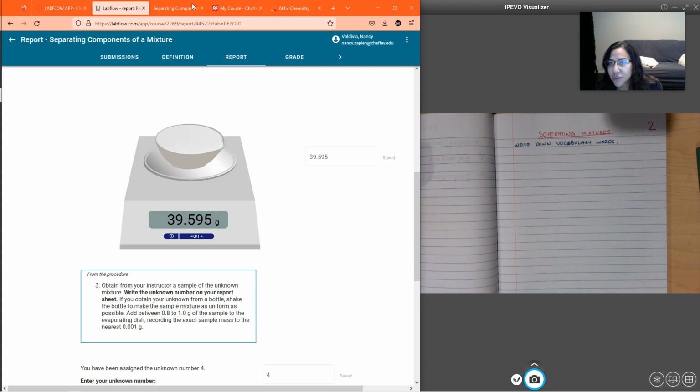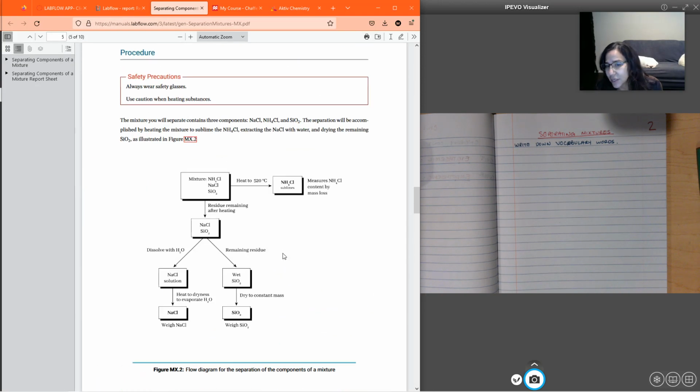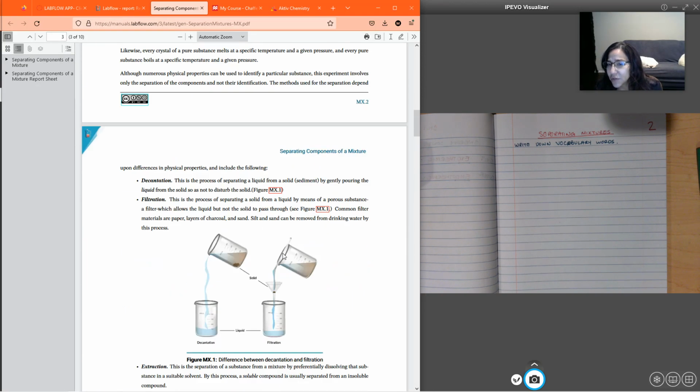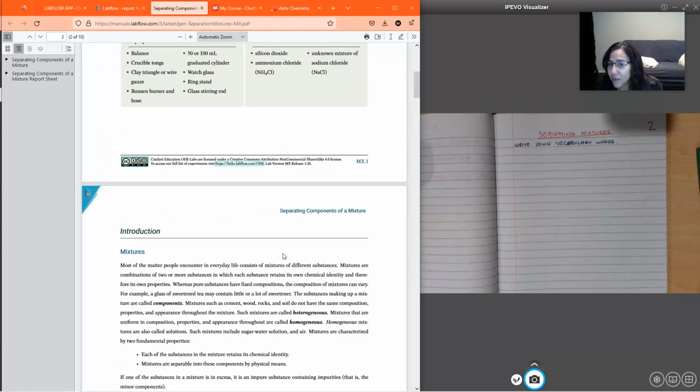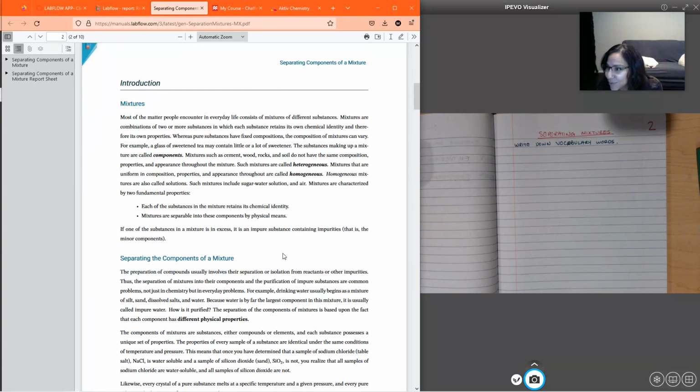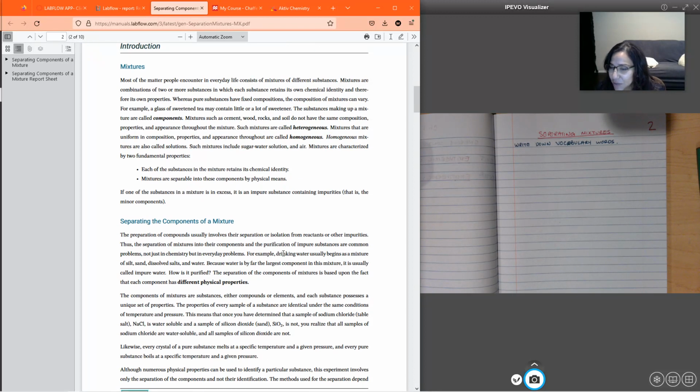Those are the words that we were seeing up here, especially if you don't know what they are. And after you're done writing those vocabulary words, write down your equations because you're going to be using them.